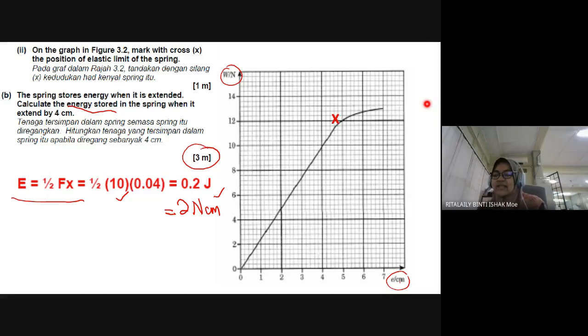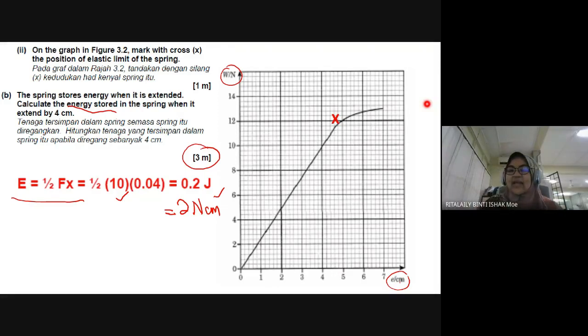Bila kita jawab force will reduce, apa maksud dia? Okay, Jasmine answered steeper. The weight is divided by the two springs. Yes. So what will happen to the extension? Okay, each spring will get smaller force.